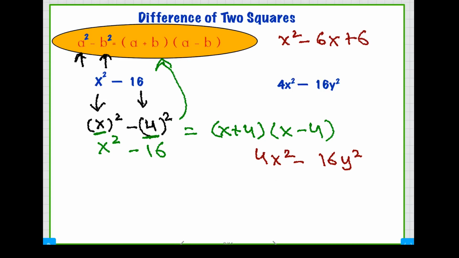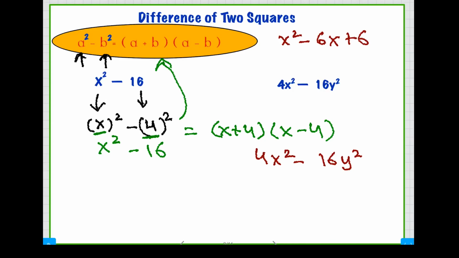We can only use it when we have a minus sign between the two terms, which we can write in a squared form. It should be for the whole term, not just for the number part or the letter part. It should be for the whole thing, for both of the terms.